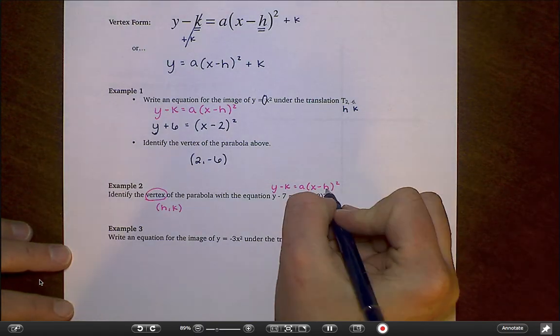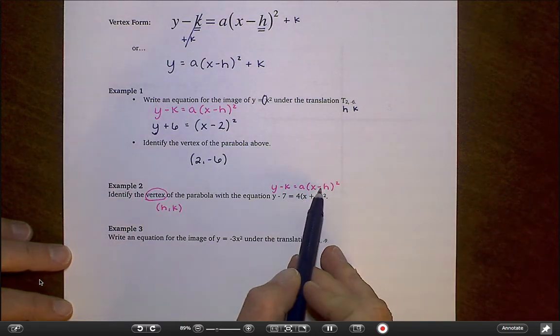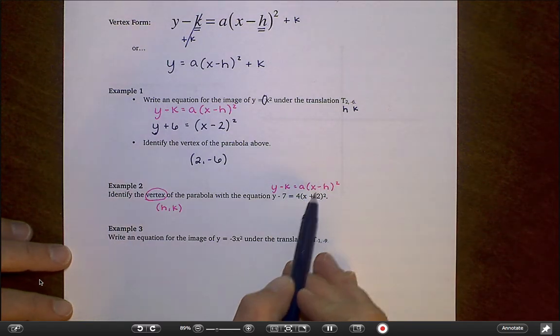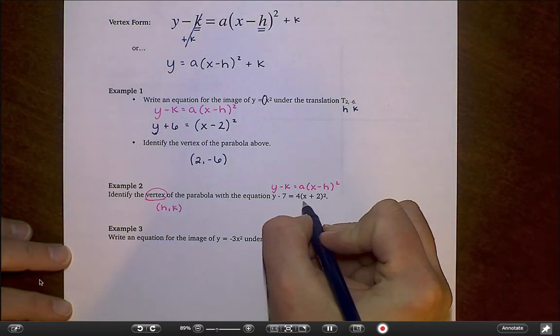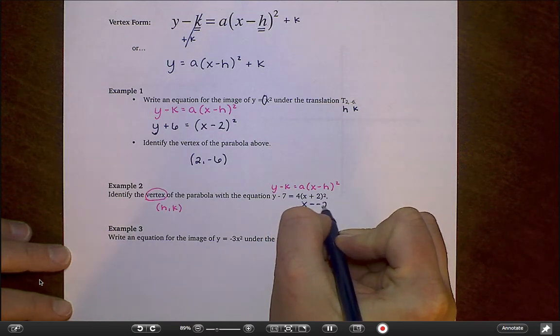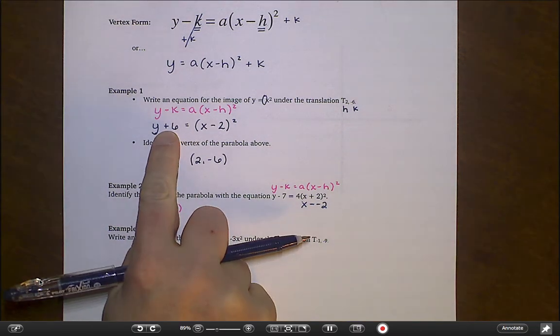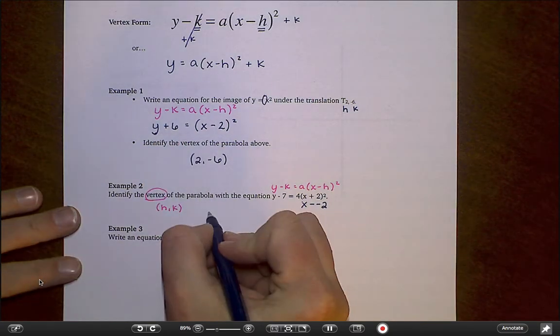So the number that's in the h spot, I see a 2, but be careful here. This is supposed to be a subtraction, and I'm seeing an addition, okay? That means that this plus sign really came from subtracting a -2, just like what happened up here with the 6. So that's really a -2 in disguise.